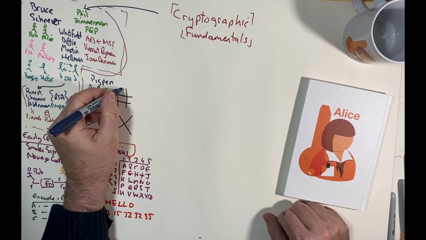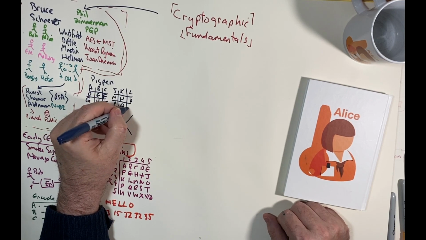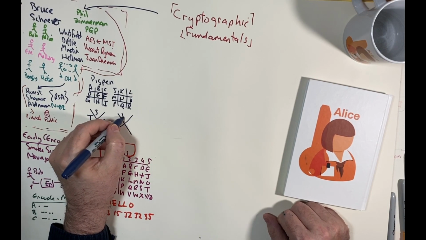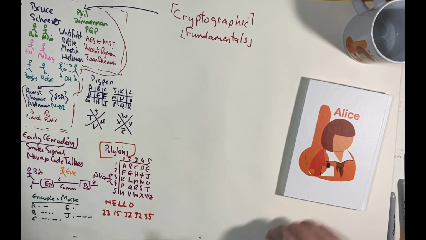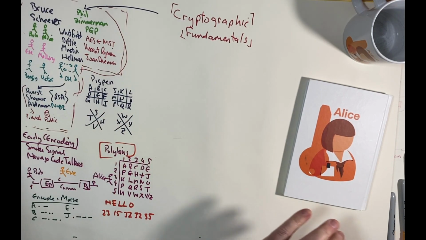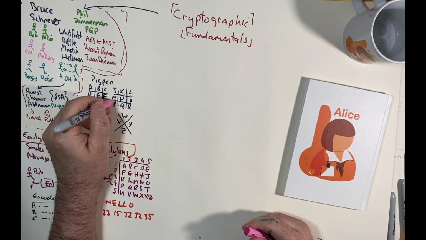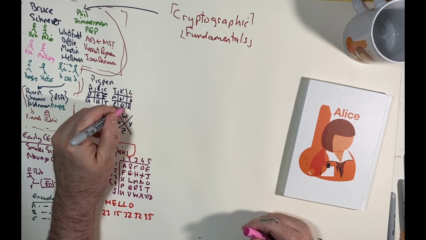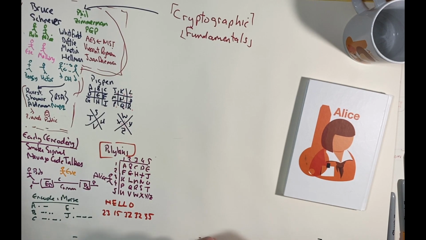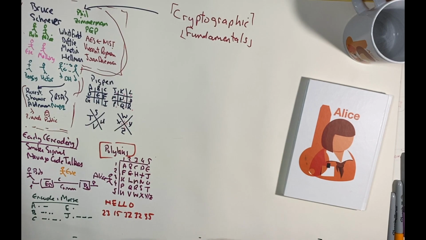There we have J, K, L, M, N, O, P, Q, R, S, T, U, V, W, X, Y, and Z. Okay, that's good because we've managed to fill up all the letters this time. And then what we'll do is put a dot in each of these to identify each of the grids, and we'll put a dot in that one there. Okay, so it's fairly easy to remember the grid, hopefully.